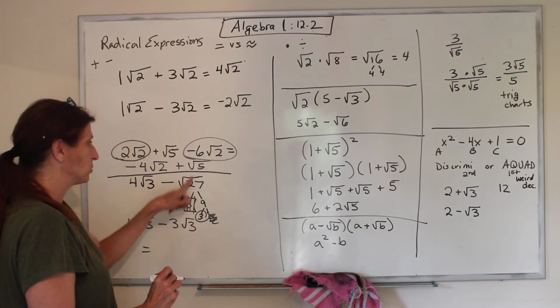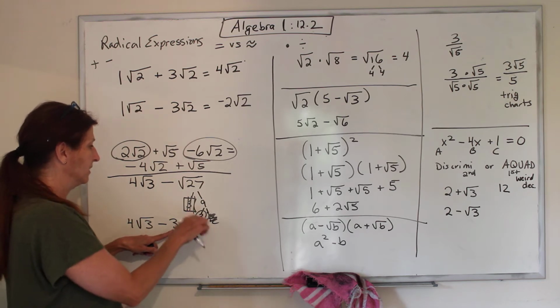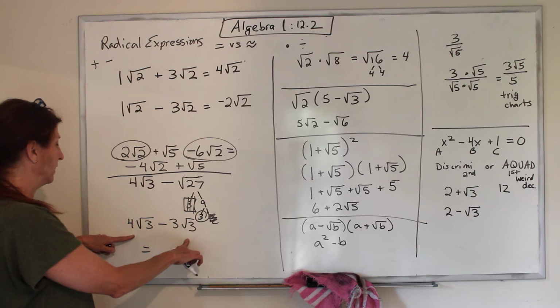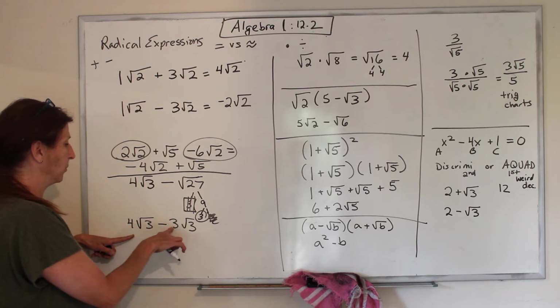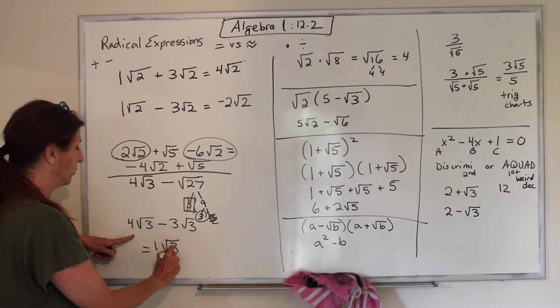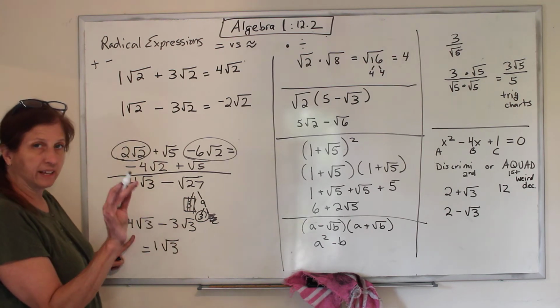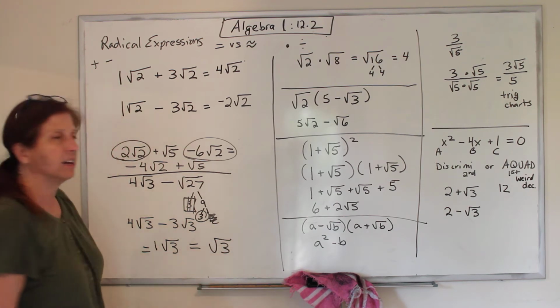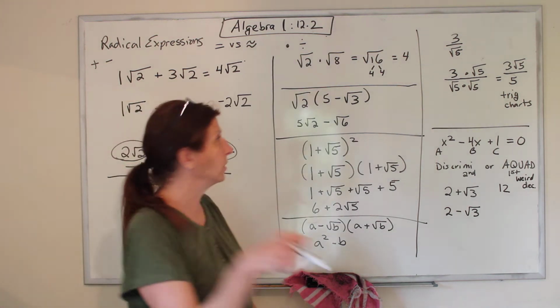So this square root of 27 is 3 times the square root of 3. Now we can do it. 4 times the square root of 3 minus 3 times the square root of 3 is 1 times the square root of 3, but the cool kids make it just understood, and then we write it just square root of 3, because we're the cool kids.